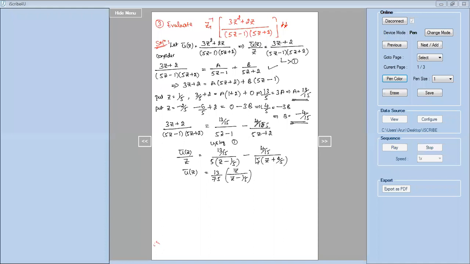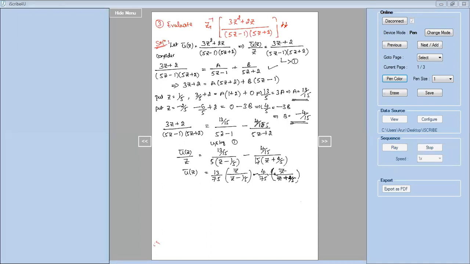And similarly here also it is minus 4 by 75, Z by Z plus 2 by 5. Okay. So this is the simplified expression.